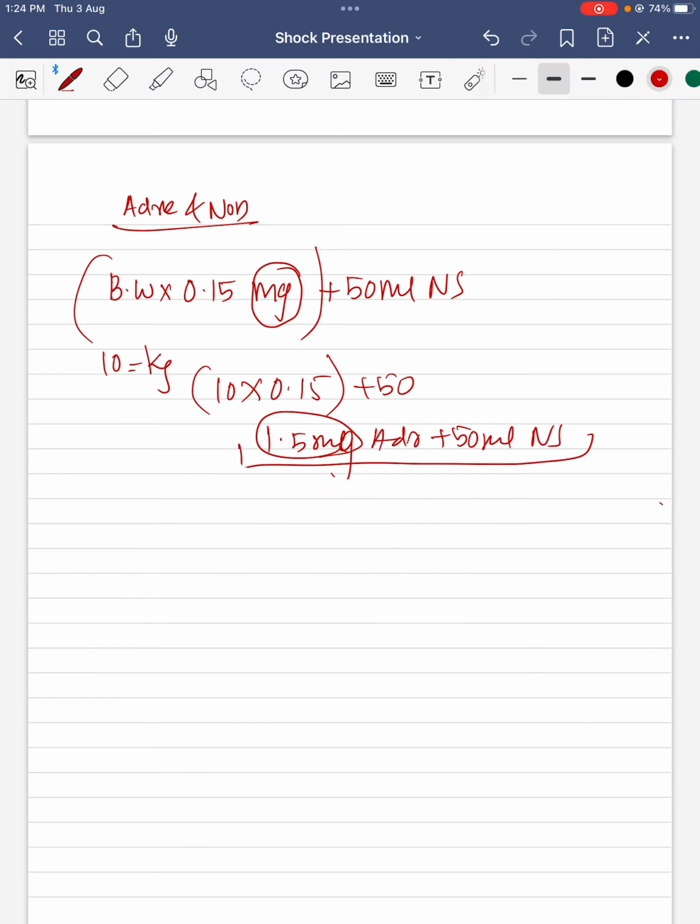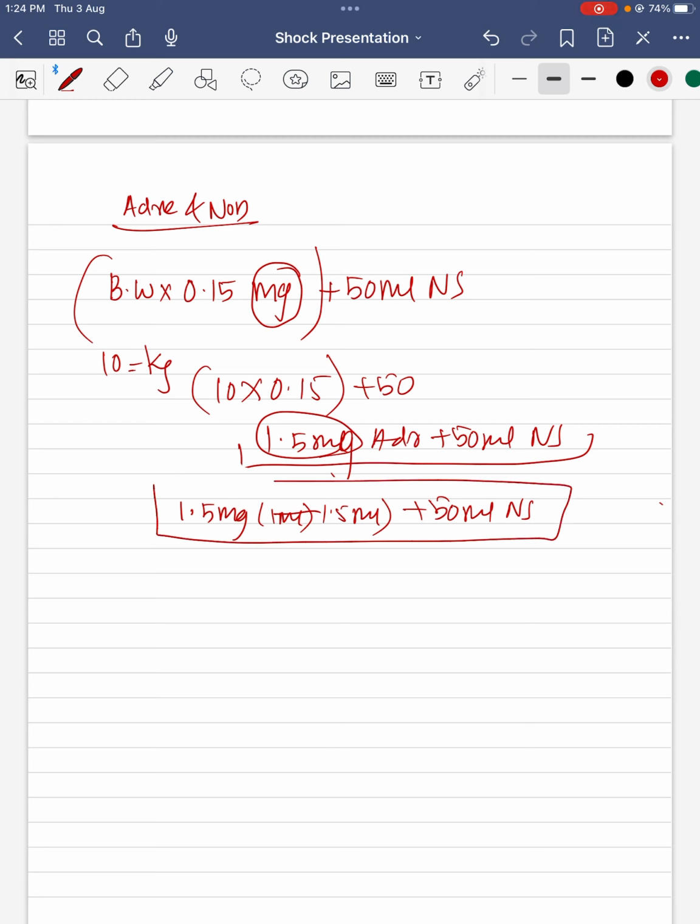This much clear now. The dose for this baby: take 1.5 mg, which means 1.5 ml, plus 50 ml of NS. Okay, this you keep in a syringe pump, and 1 ml per hour is equivalent to 0.05 microgram per kg per minute.